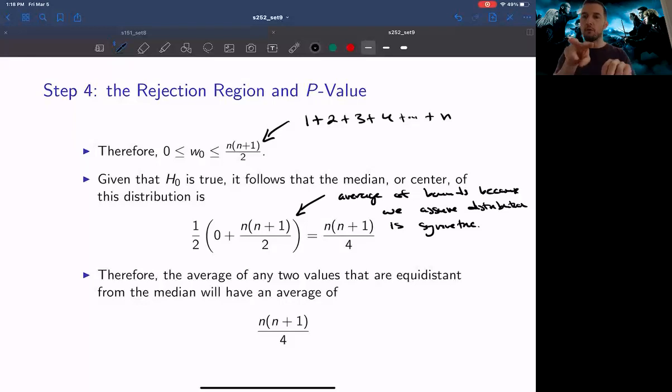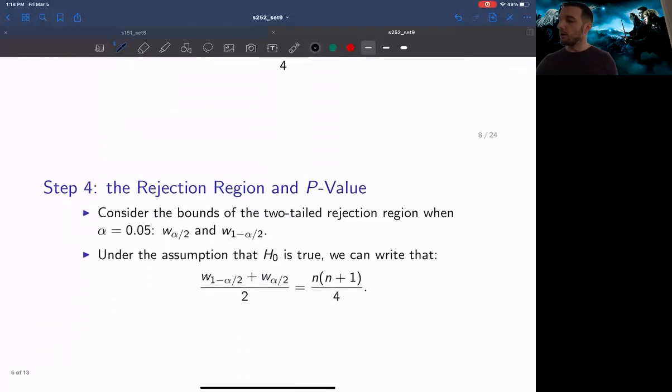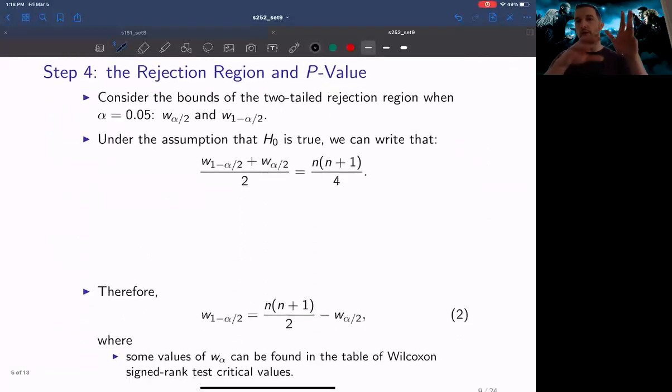So any 2 points that are equidistant from the median will be equidistant from this point. Okay, how does this help us? Well, when we use a p-value or a critical value, we specify cutoff points between the rejection region and the non-rejection region. That's the purpose of the critical value.